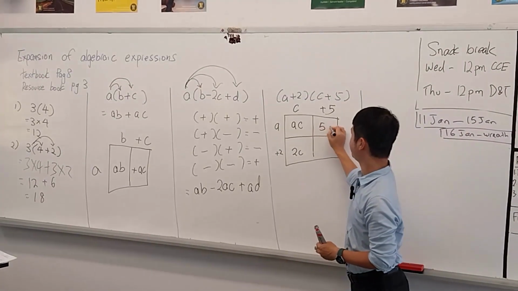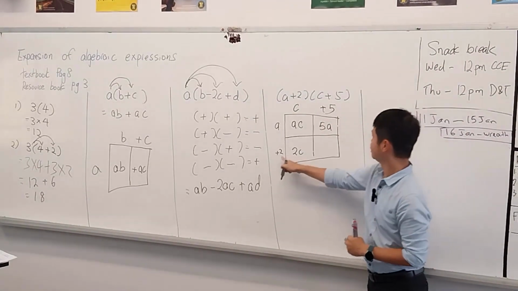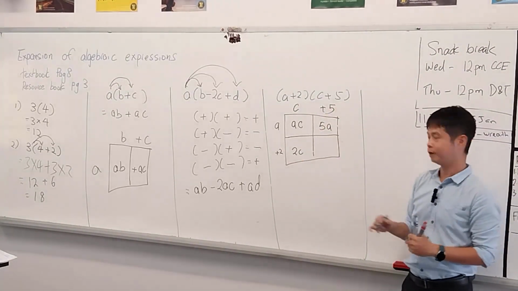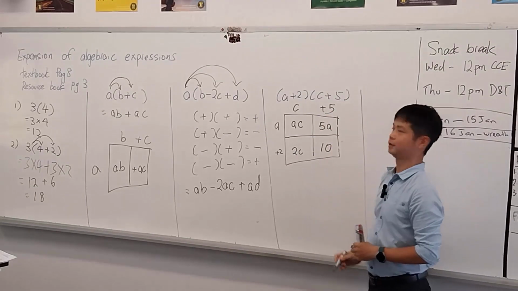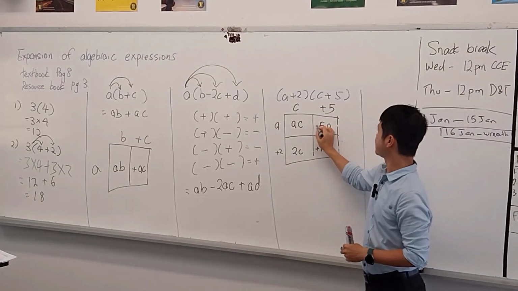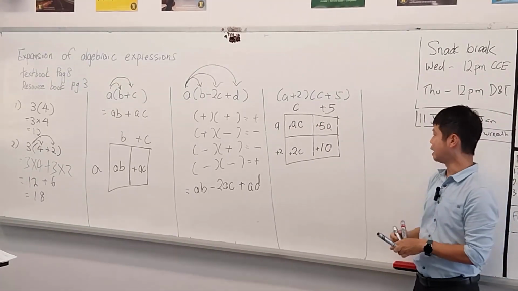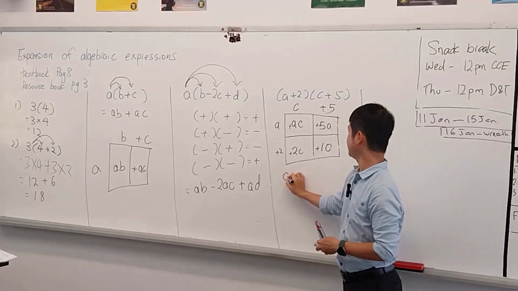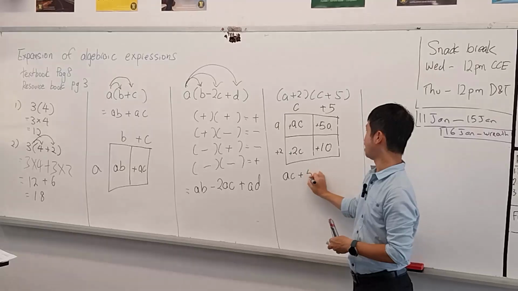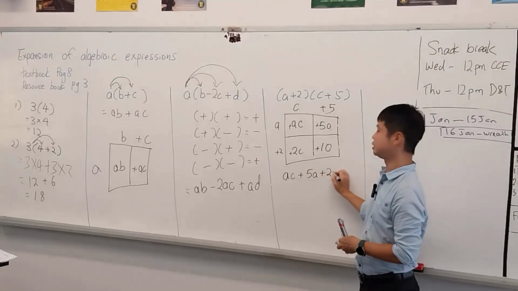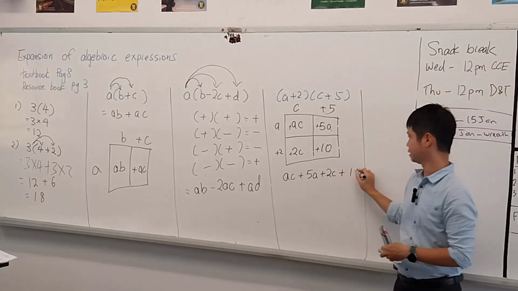So, we have 5A. And finally, 2 multiplied by 5, we'll have 10. Okay. So all these are positive sign. If it's not written, it's all positive sign. And when we write it out, we will have AC plus 5A plus 2C plus 10.